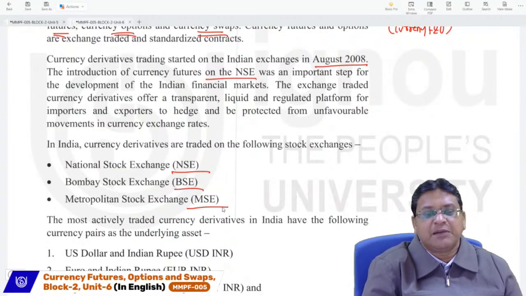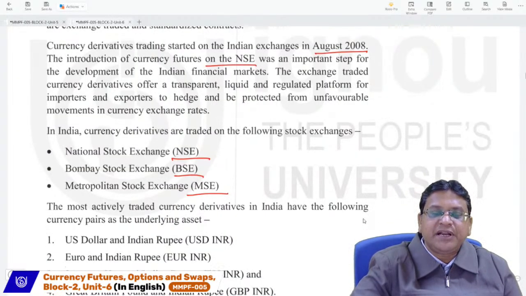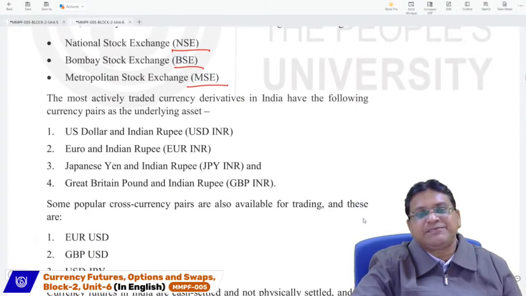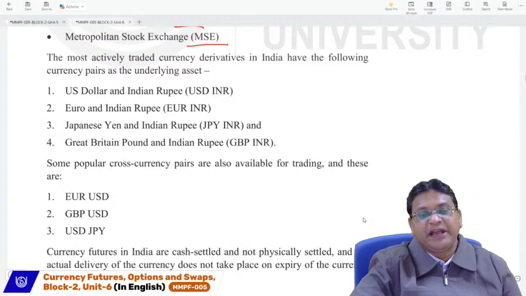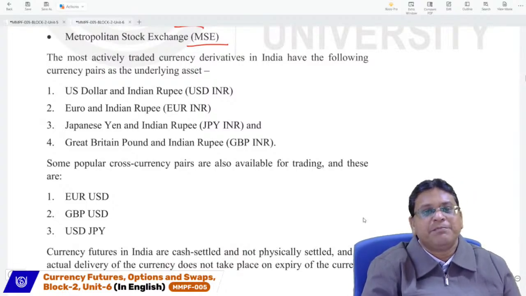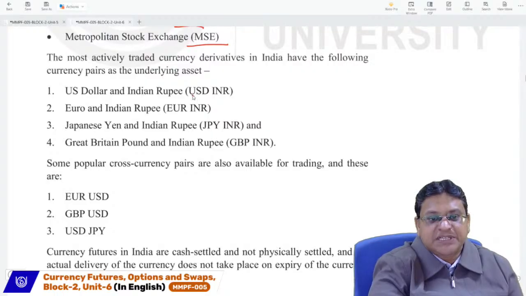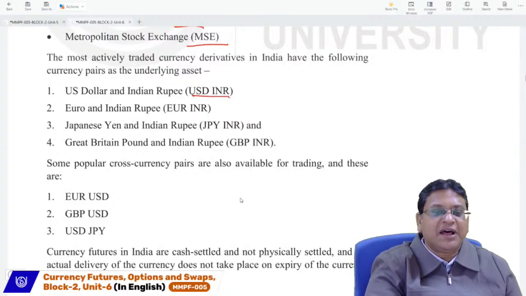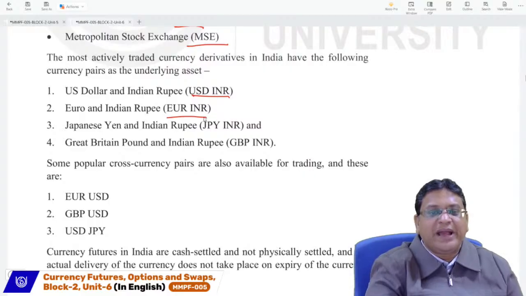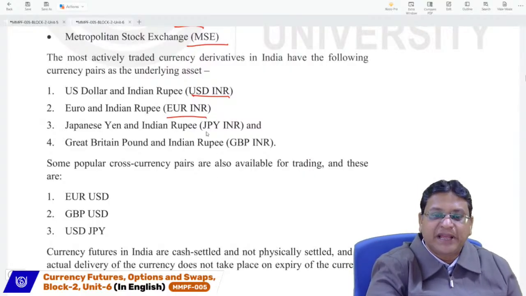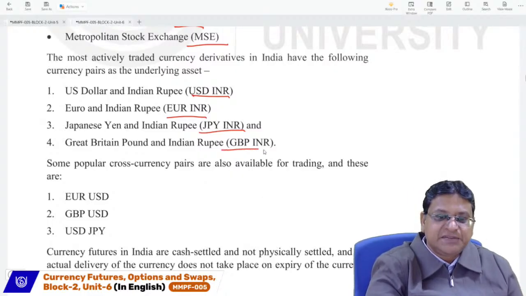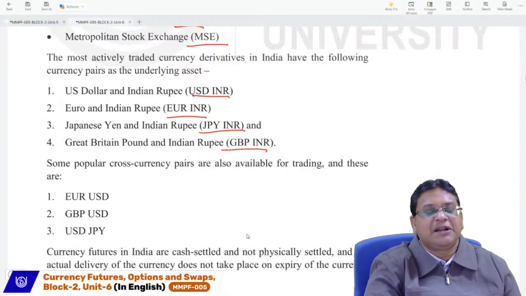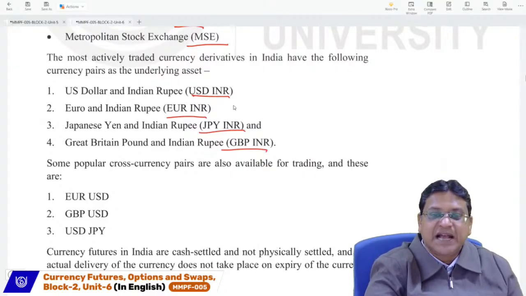In India, the following currency pairs are traded the most: USD INR, Euro INR, JPY INR, and GBP INR, where INR is the core currency.